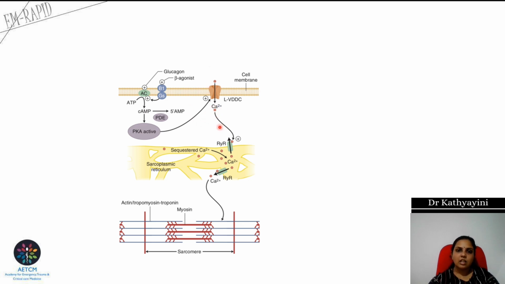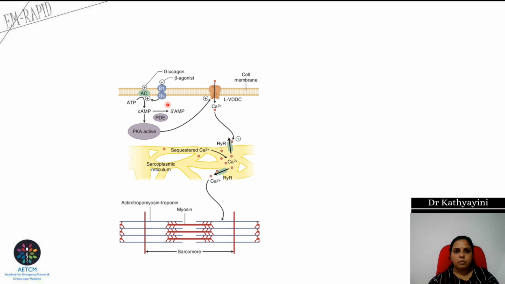This calcium binds to ryanodine receptors, and when calcium binds to ryanodine receptors, the calcium stored in the sarcoplasmic reticulum will be given out, and this calcium will bind to the muscle spindles. The actin-myosin complex will be formed, and hence the cycle is complete. This is how the beta receptor action works.